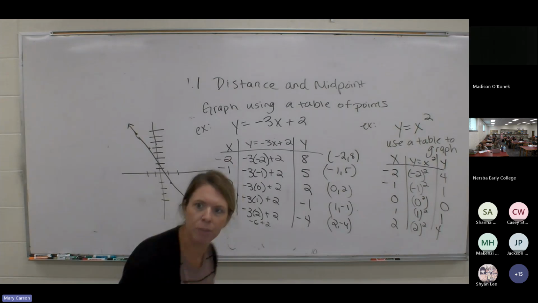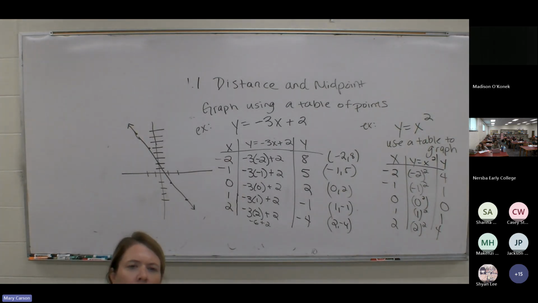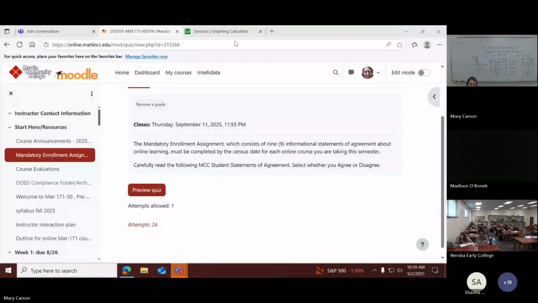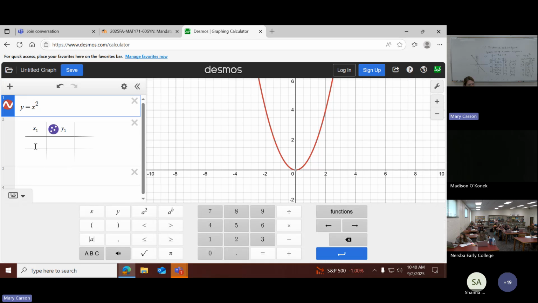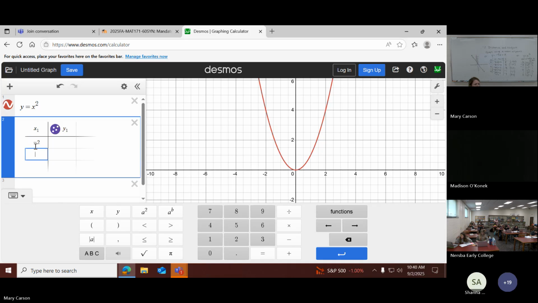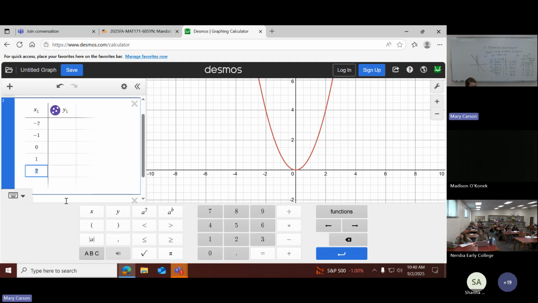I actually have the graph up here. Let me share screen. And I pulled it up. I don't know a lot about Desmos myself. All right, so here's the graph, but if I actually plug these in to the table, we would do -2, -1, 0, 1, 2.